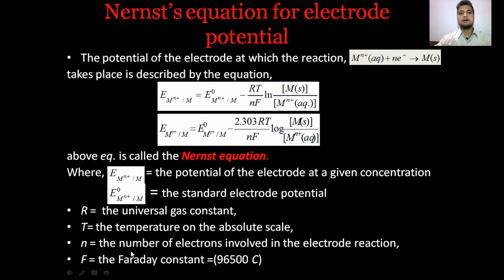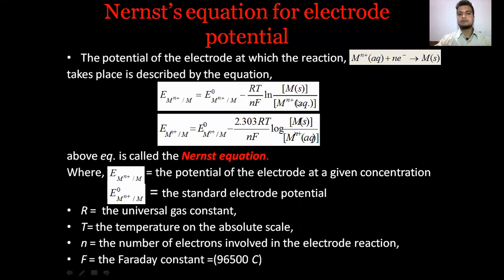Nernst equation for electrode potential. First let us try to find out the Nernst equation for electrode potential. The potential of an electrode at which the reaction takes place, so the reaction is this. We are taking a reduction reaction where Mn+ is the ion in aqueous solution, that is the electrolyte, and it is taking n number of electrons to give you M metal, which is a solid. It is described by the equation.